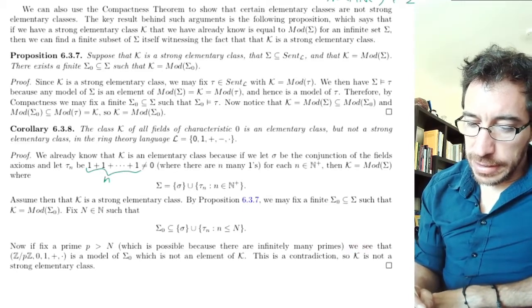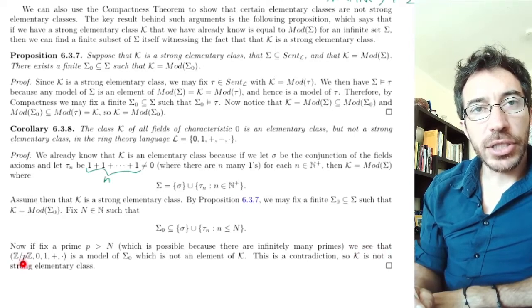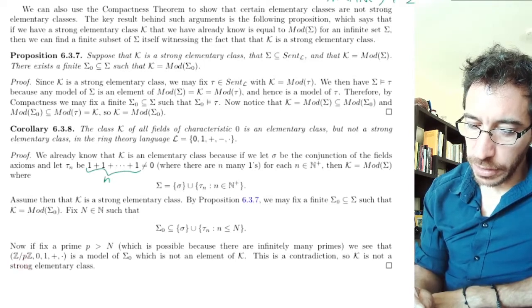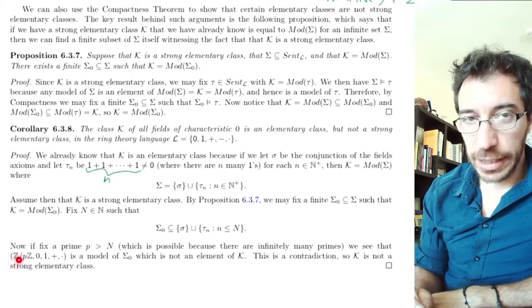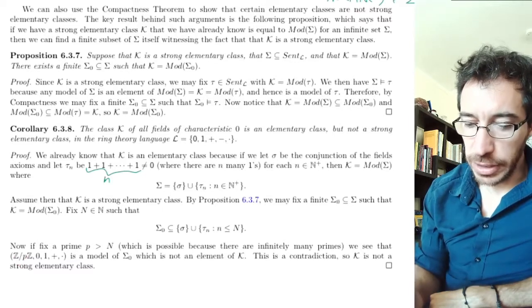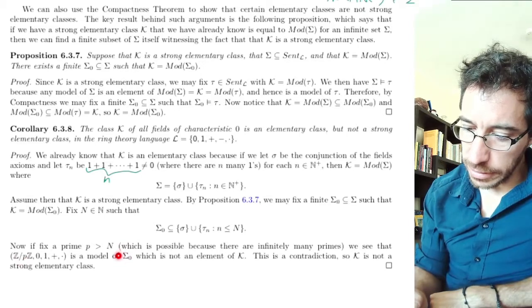We see that Zp, so this means integers modulo p, which again you might need to look up, is a field, and it has characteristic p, 1 plus 1 plus 1, p times, goes back to 0. It's a model of sigma 0. Why is that?